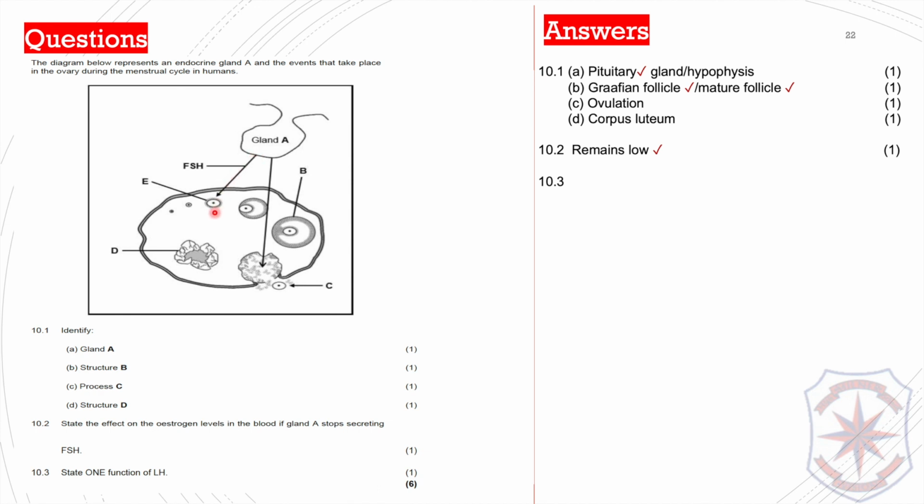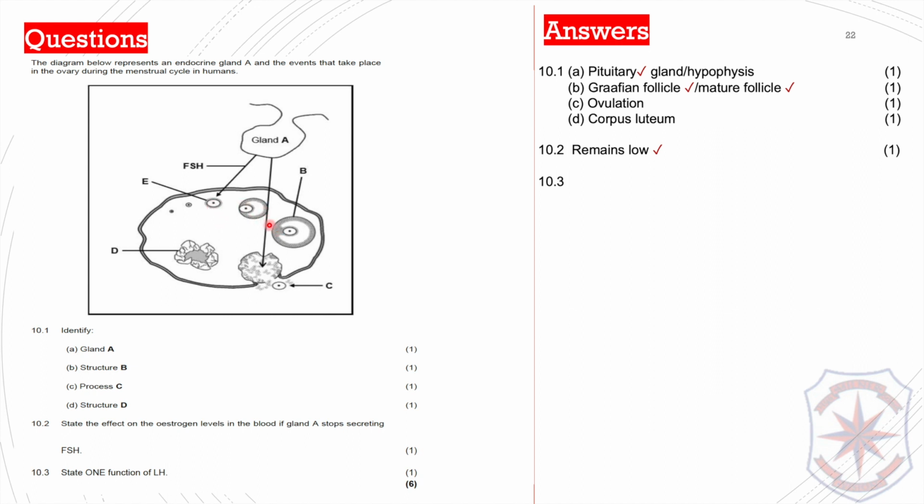FSH stimulates the growth of a primary follicle into a Graafian follicle. The bigger the follicle grows, the more it secretes estrogen. Right? So, if FSH stops, then there will be no Graafian follicle, or no growth of the follicle.